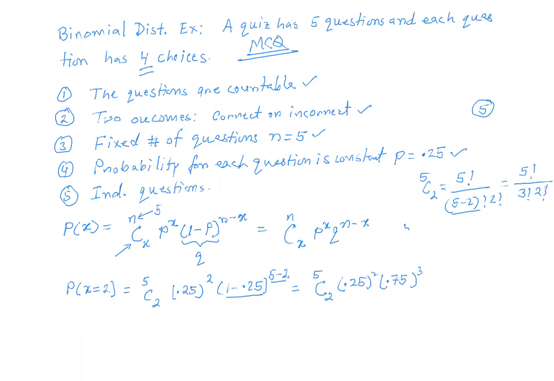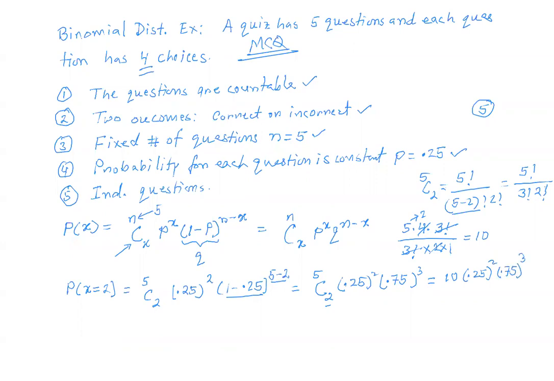Now 5 factorial is 5 times 4 times 3 factorial divided by 3 factorial times 2 factorial, which is 2 times 1. 3 factorial and 3 factorial cancel out. 2 goes into 4 twice. 5 times 2 is 10. So this number is 10 times 0.25 to the power 2 times 0.75 to the power 3.